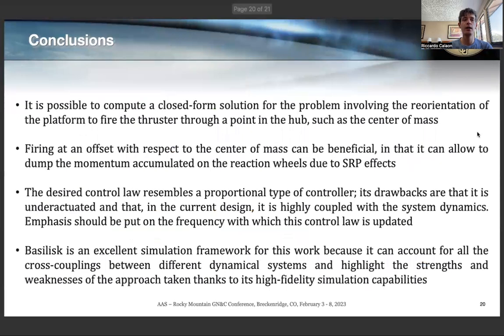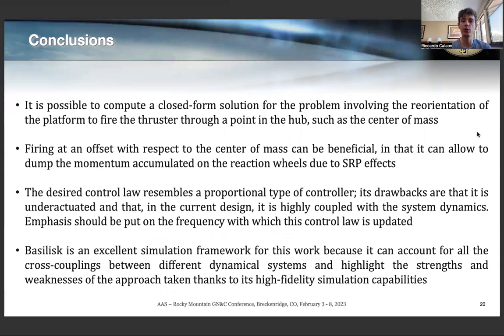So to conclude, it is possible to compute a closed-form solution for the problem involving the reorientation of the platform to fire the thruster through a desired point in the hub, such as the center of mass, but not necessarily the center of mass. In fact, if we choose to fire at an offset with respect to the center of mass, we can dump the momentum that is built on the reaction wheels due to SRP.